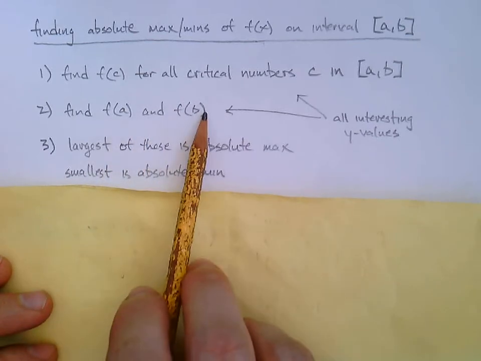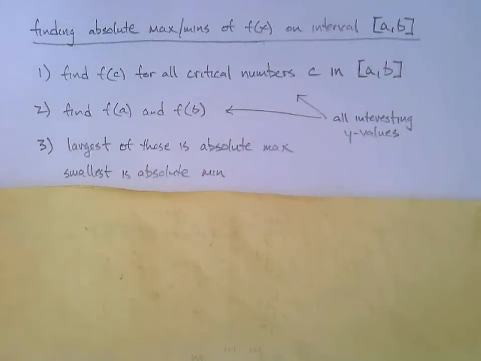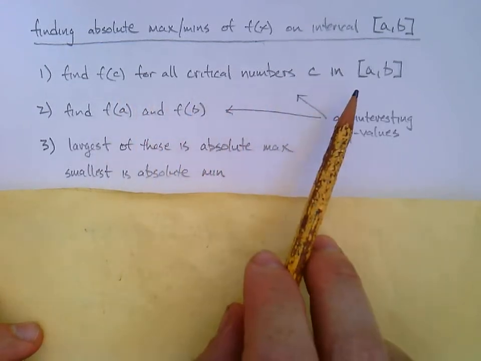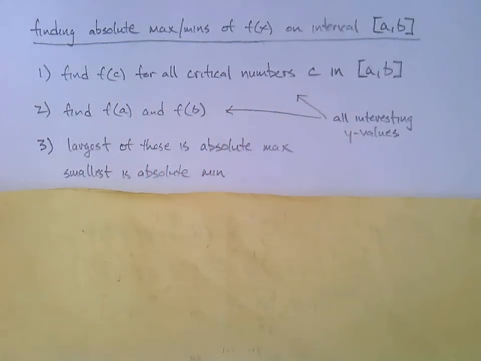What are the y values of the endpoints? Those are interesting because, even though they wouldn't show up here, since the derivative might not be 0, they could be absolute maxes and mins. So we have to look at those too, and then out of all those y values, we pick the biggest and the smallest. Let's see it in an example.